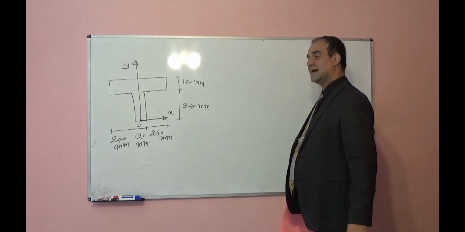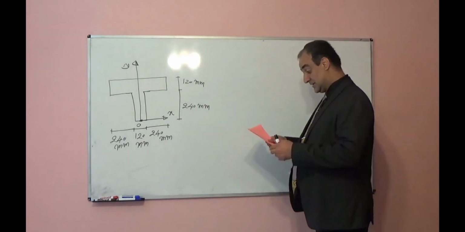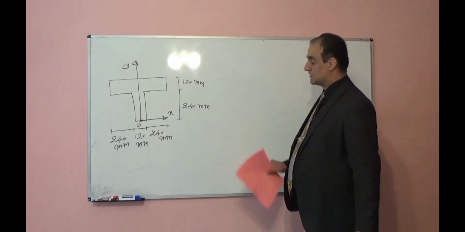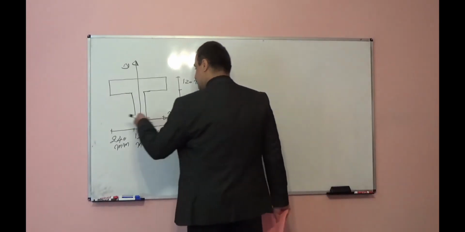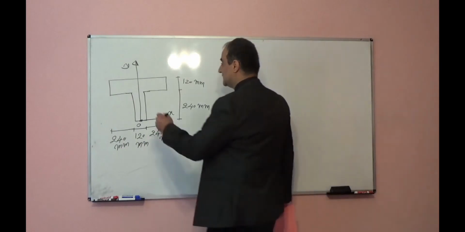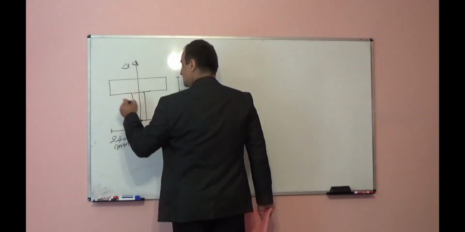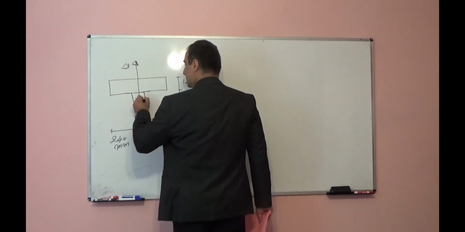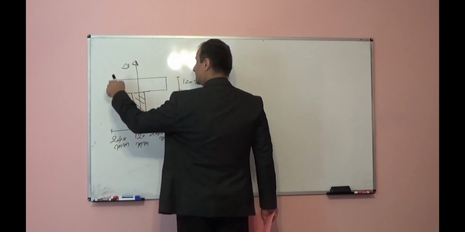It will be at the symmetry axis. But for y bar I should take moment of area with respect to the x-axis. So I will divide it into two rectangles. One rectangle is this one, another one is this one.